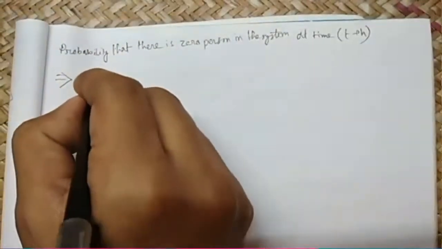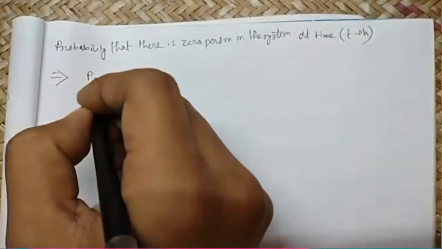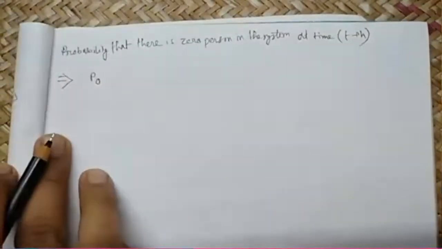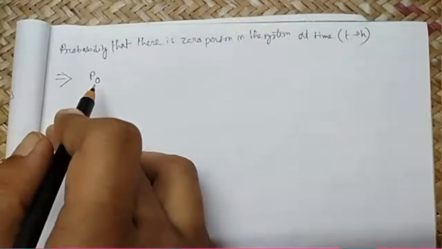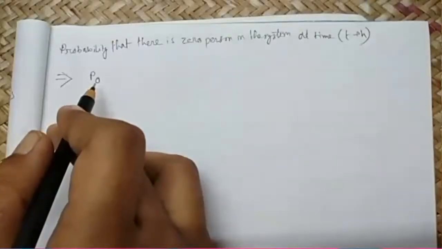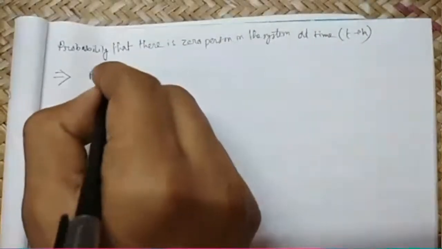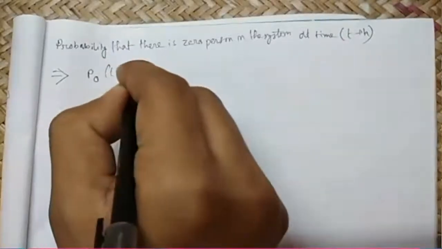So P0 gives us the probability that there is 0 persons in the system at time t plus h.